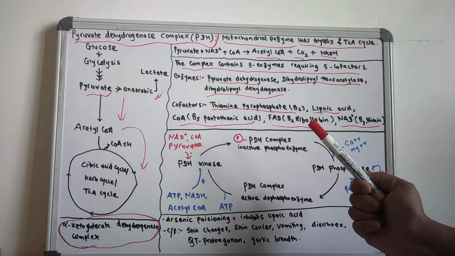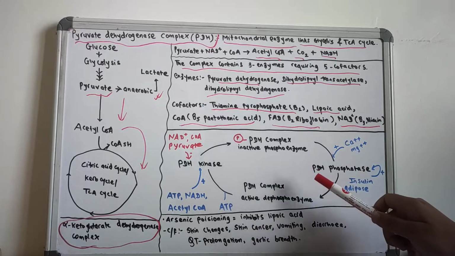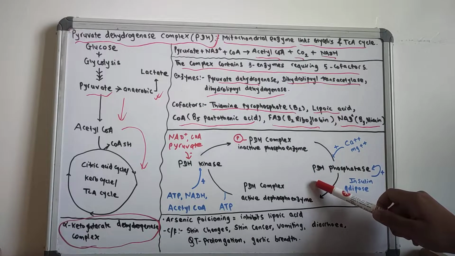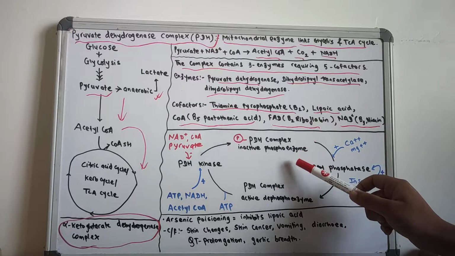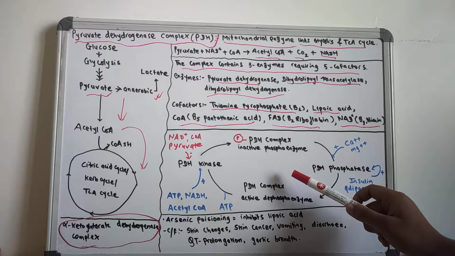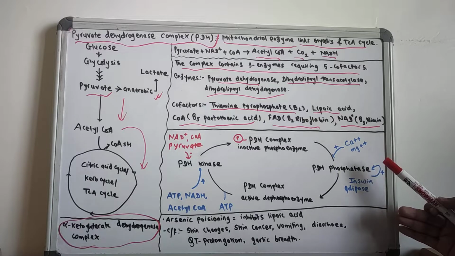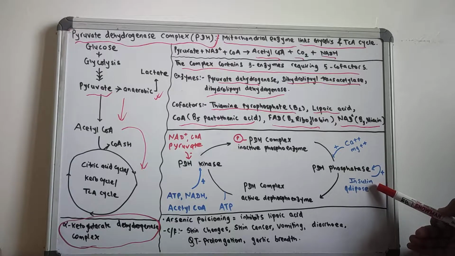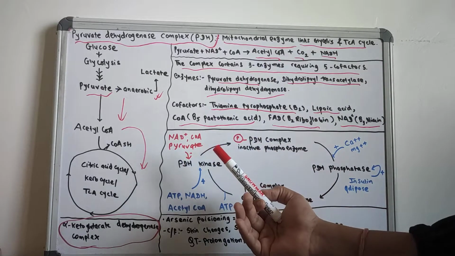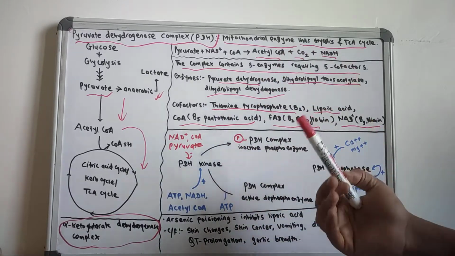The pyruvate dehydrogenase is active in the dephosphorylated state, while it is inactive in the phosphorylated state. Pyruvate dehydrogenase phosphatase activity is promoted by calcium, magnesium, and insulin, whereas the pyruvate dehydrogenase is inhibited by NAD+, coenzyme A, and pyruvate.